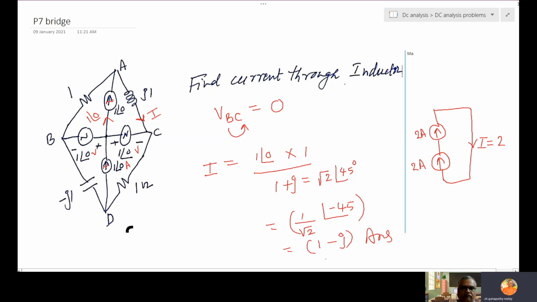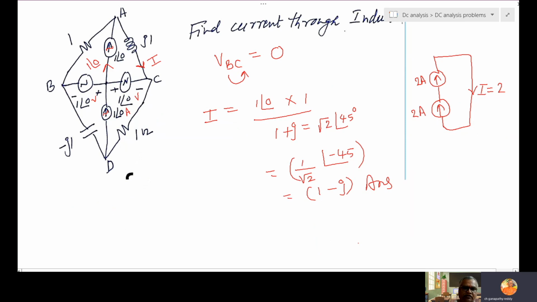You can also solve in another way. What is the other way? j1 into minus j is equal to 1 into 1. Minus j into minus j is minus 1, plus 1 is equal to 1. So the bridge is balanced.